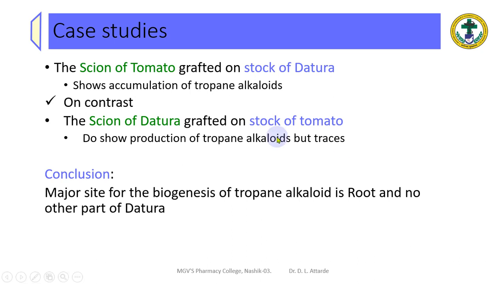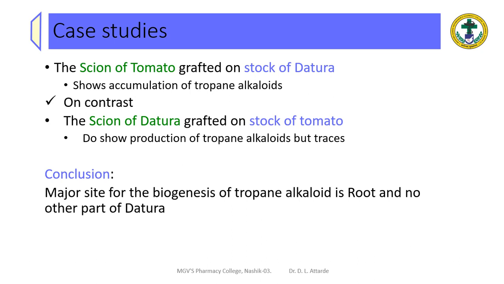If the stalk of tomato, the parent, is not synthesizing, there is no increase in tropane alkaloid. So the conclusion is that the major site for biogenesis of tropane alkaloid is the root, not any other part of Datura. So that is how grafting helps to judge the metabolic site for the formation.